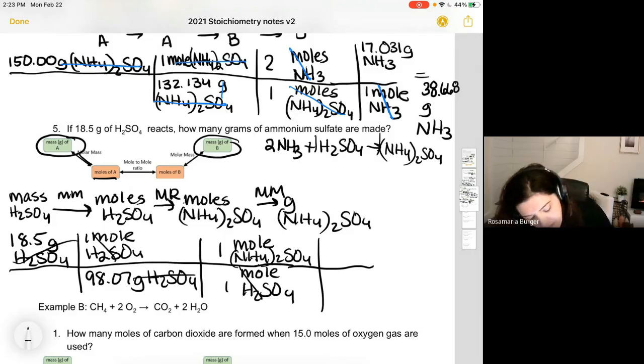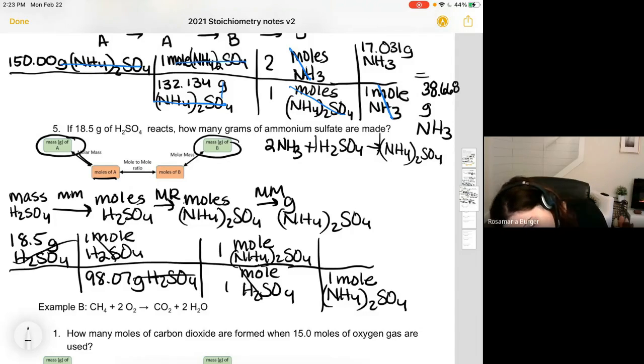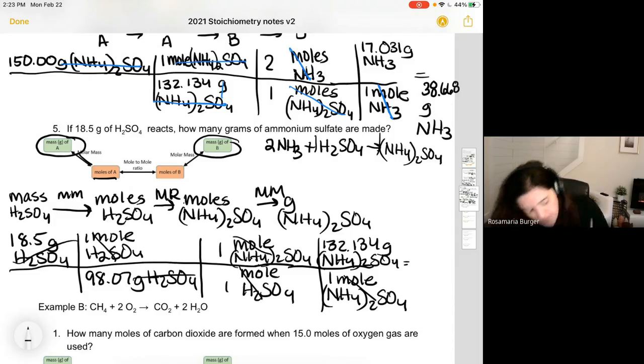So now for every 1 mole of NH4 to SO4, you get 132.134 grams of NH4 to SO4. So moles of ammonium sulfate cancels out.